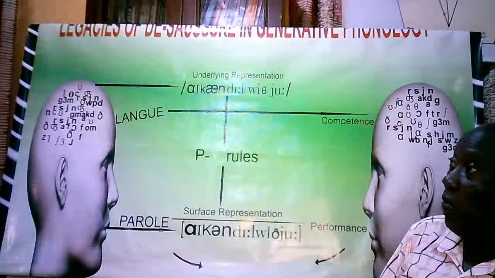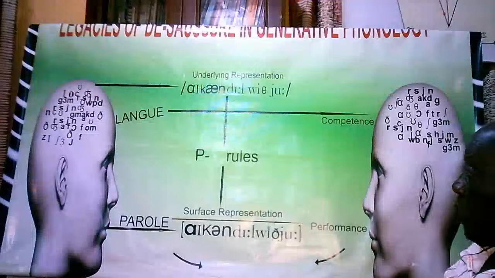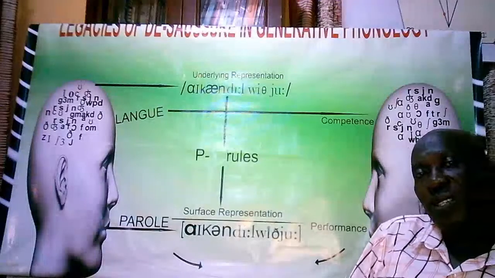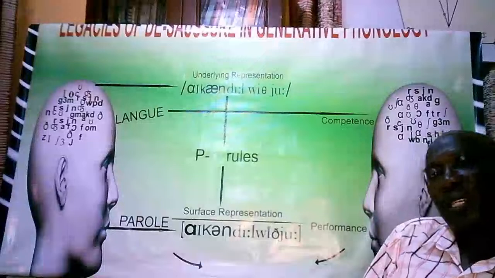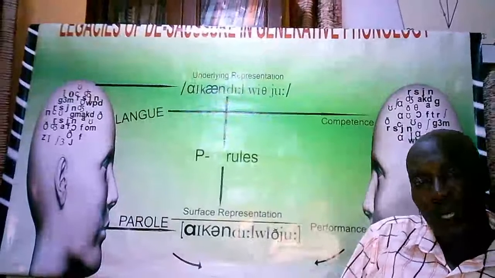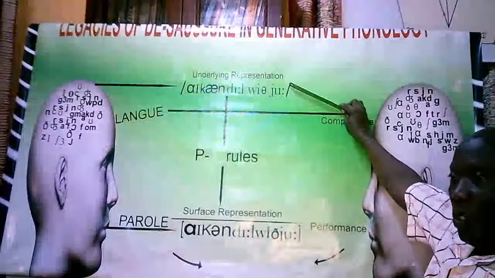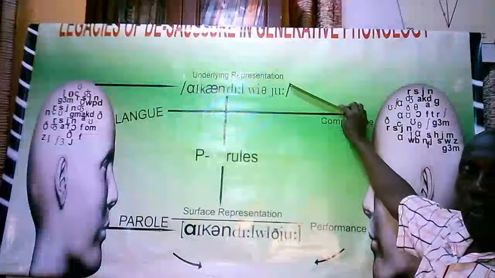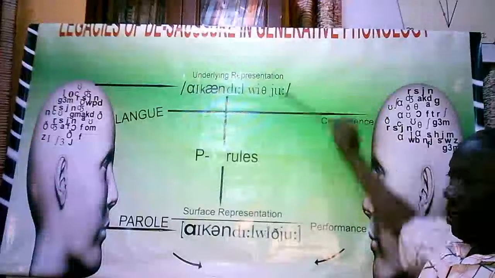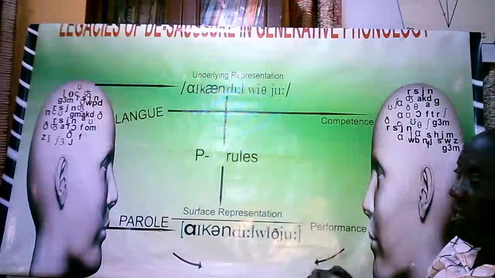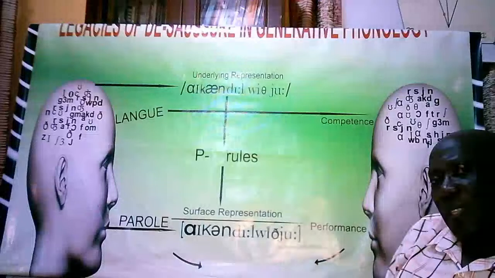For us to have a good grasp of this, there are many things that we are going to learn together. I believe you will find it interesting as we proceed. Note this, that language in the mind sometimes may assume some modification at the point of production. That is the central focus of this course.